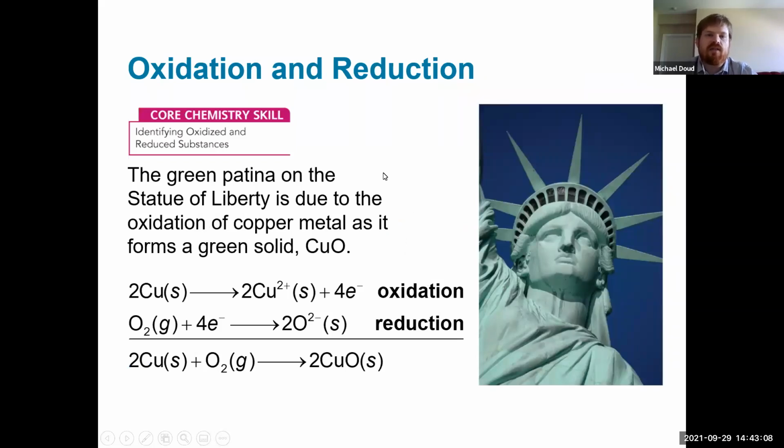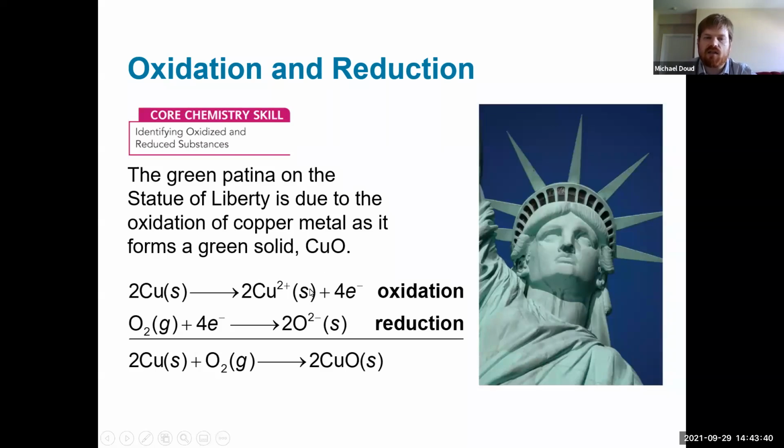Rusting is an example of this, and there's an analogous process for copper. The Statue of Liberty is made out of copper, right? But it doesn't look like copper, since copper we know is an orange metal. Well, that's because when copper is exposed to air, it undergoes a rusting process where it forms copper(II) oxide. When solid copper forms a copper(II) ion, it has to give up electrons.